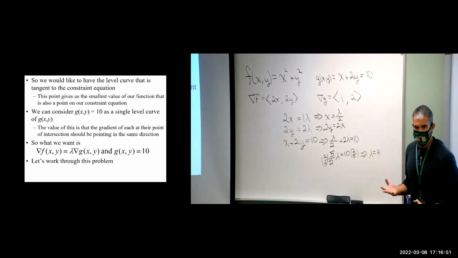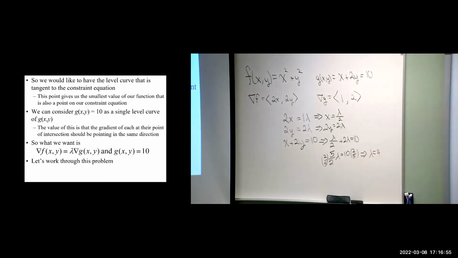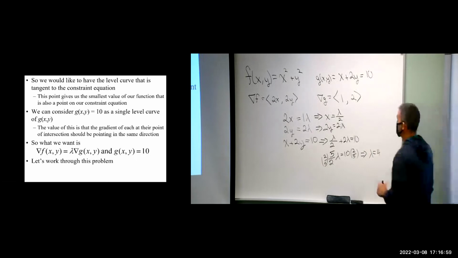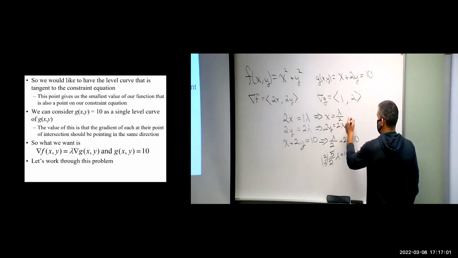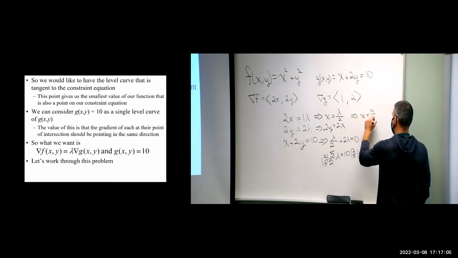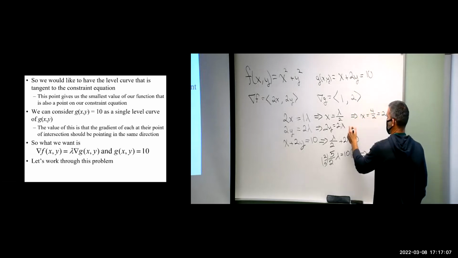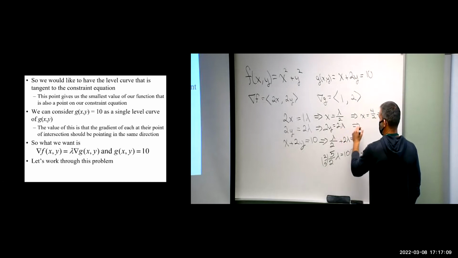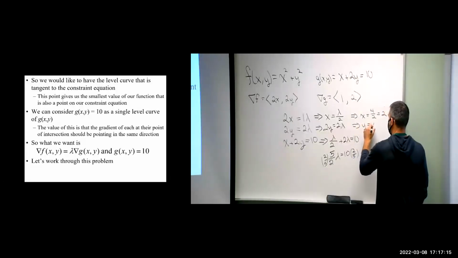Now we can find our x and y. And then we'll take a look at the graph to see if that lines up with what we were seeing. So that would mean that x equals 4 over 2, or 2. We didn't quite solve this one out, but if 2y equals 2 lambda, y equals lambda, so y equals 4.